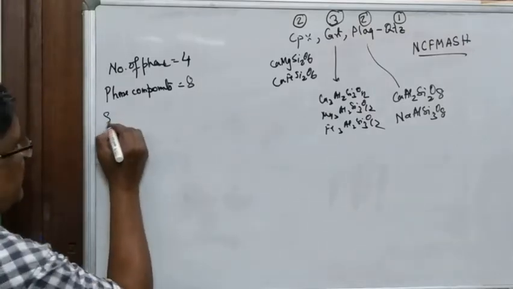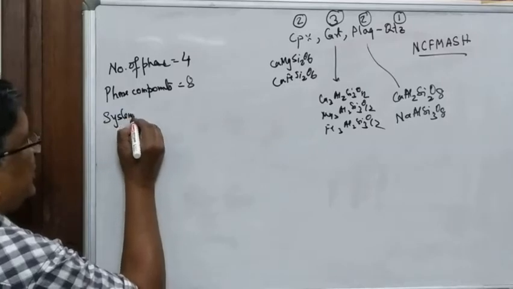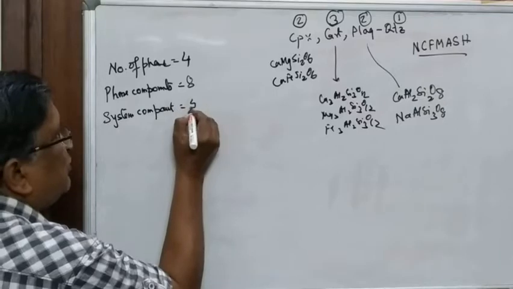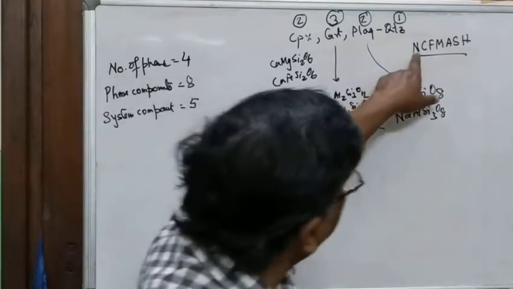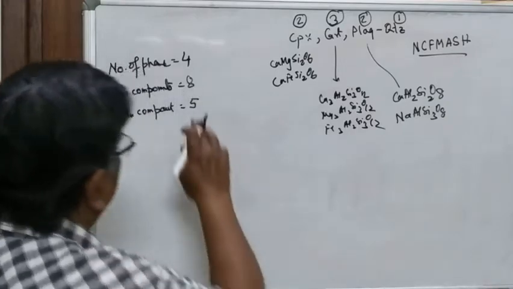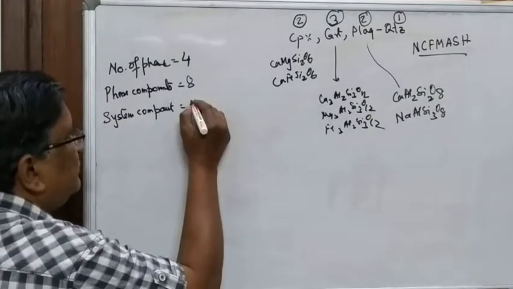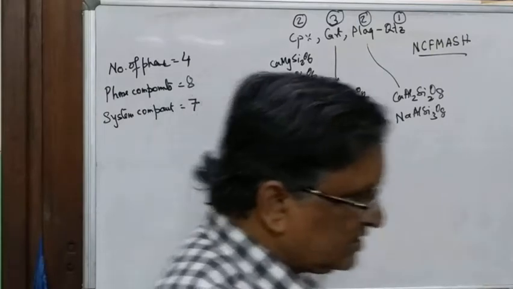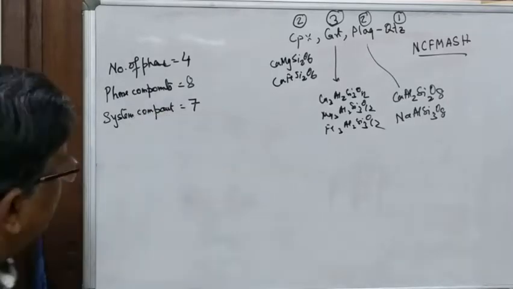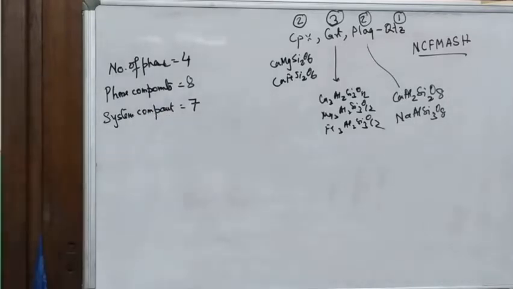And then you have system components. Not 5, it is 7, with the H that has been suggested, NCFMASH. So system components is 7.